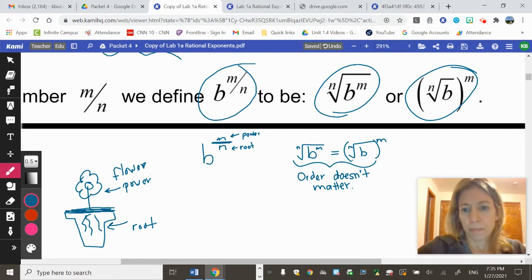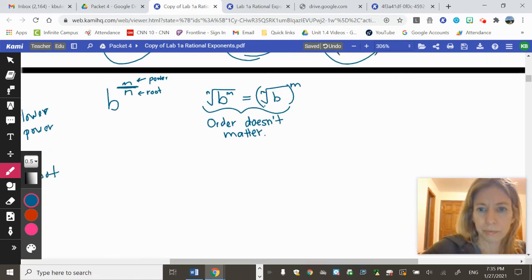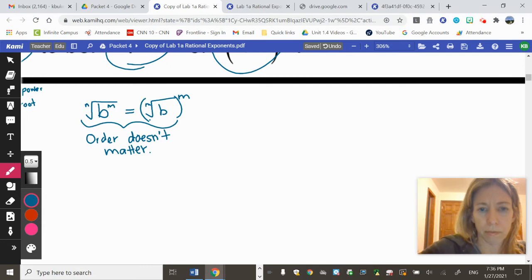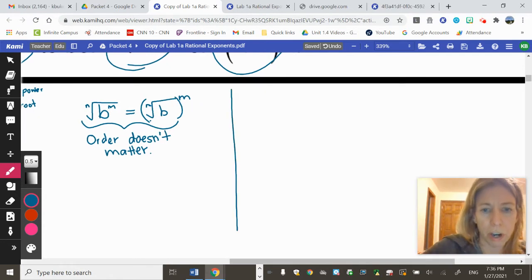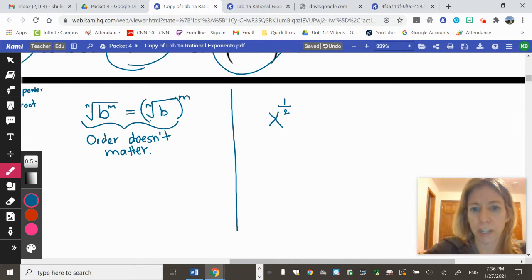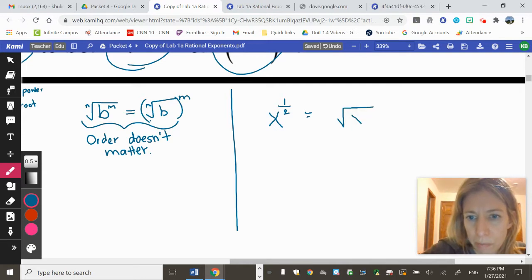Before we move on, I want to write about one example you should always know. If you see x to the 1/2, again, here's a rational or fractional exponent. I'm going to write it in root form. The radicand, or the base, is x.